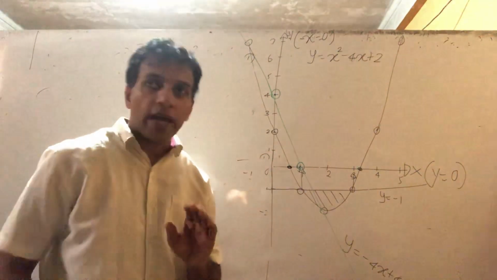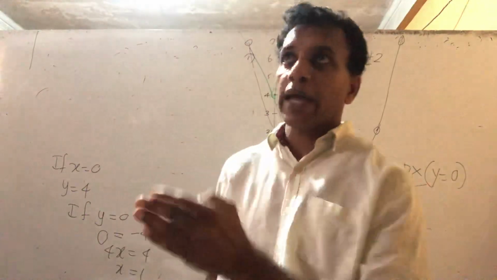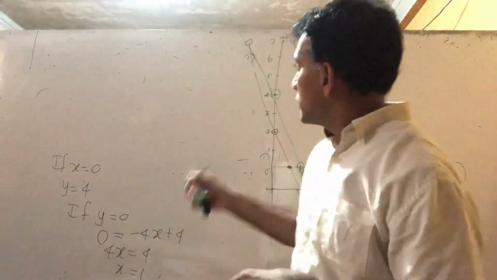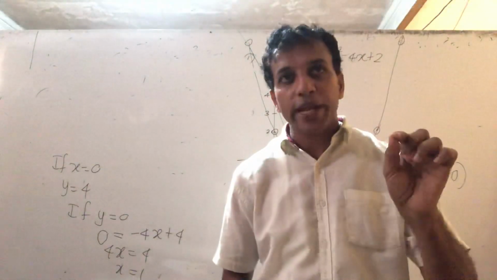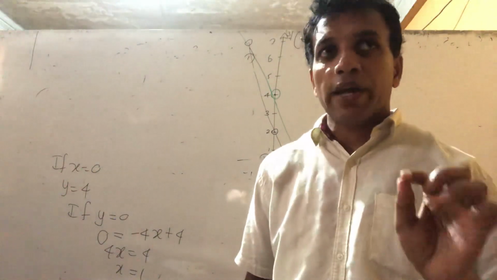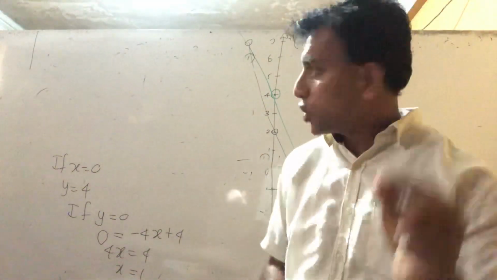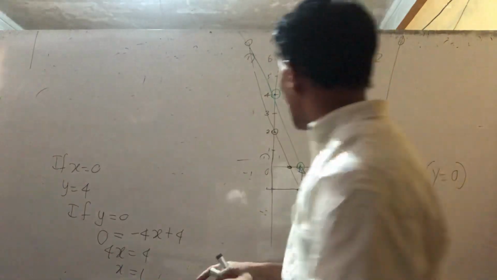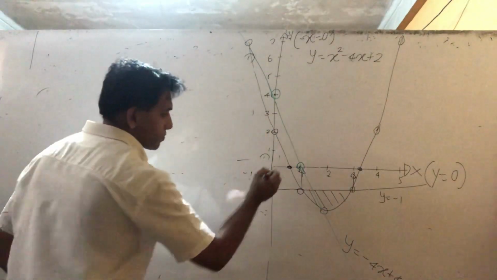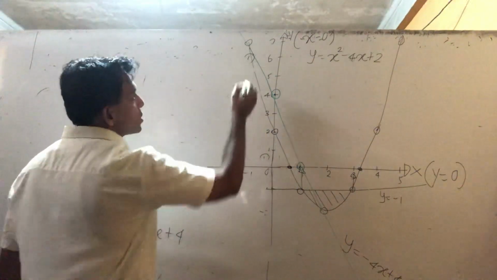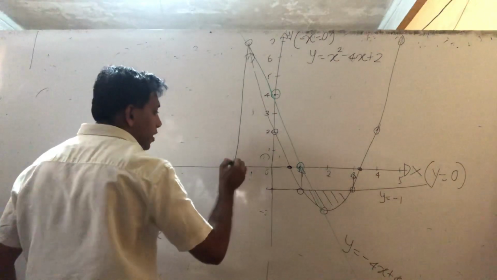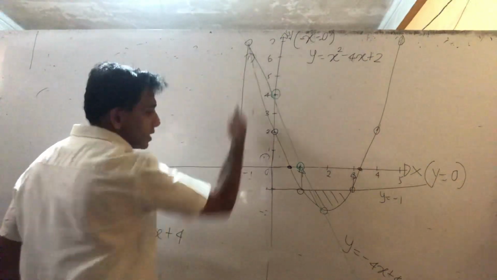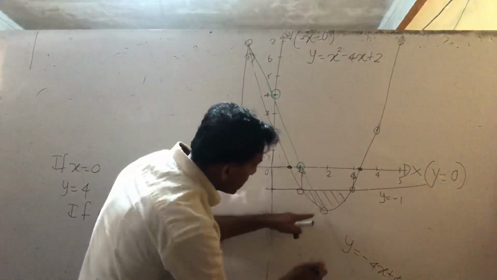So the solving idea is, when the straight line and the curve cut, see where the intersection coordinates of the x value are. Find the x value of the intersection coordinate. That's the answer. If you draw properly on a graph sheet, you can see here a value where it cuts, and the graph cuts here.